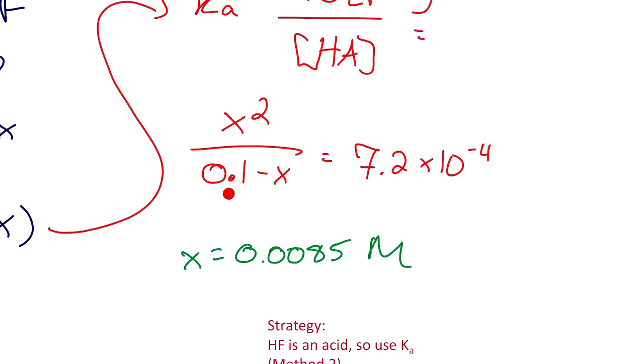Okay, now so that X we just calculated, in your calculator, do 0.1 minus this number. Does the denominator value change that much? It doesn't. This number that we're subtracting from 0.1 is really small, so it has very, very little effect on our final answer here. And so that is why we are allowed to neglect X, because this is going to be a small value.